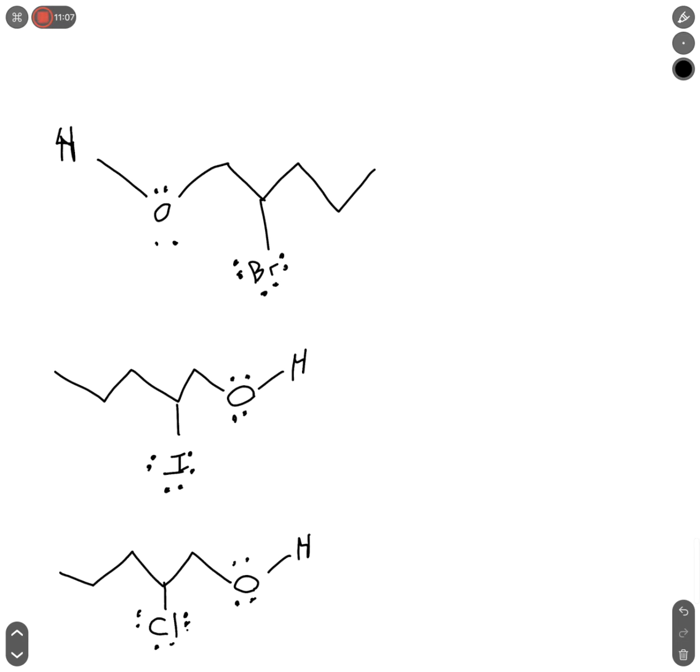There we go. And now we see that most of the electronegative atom in each structure does not hold any hydrogens. And because of that, the only ones we have are just the oxygens here, holding the hydrogens.